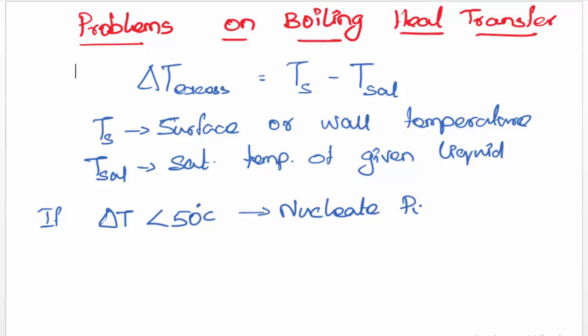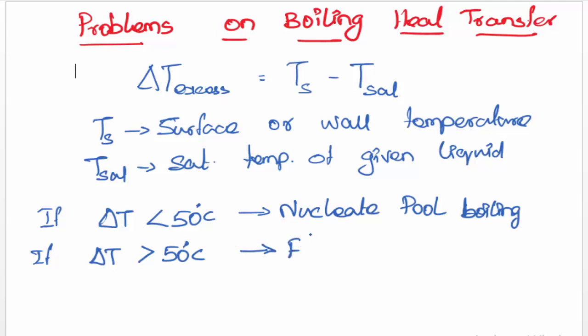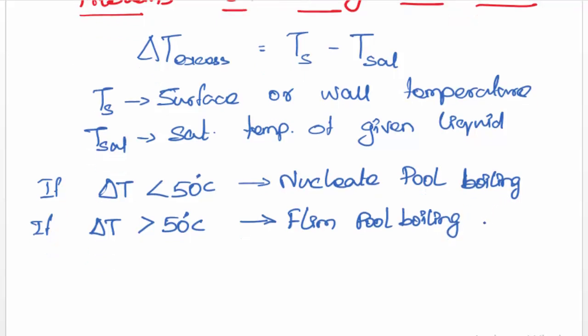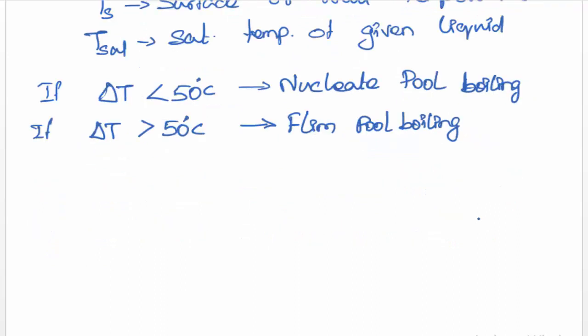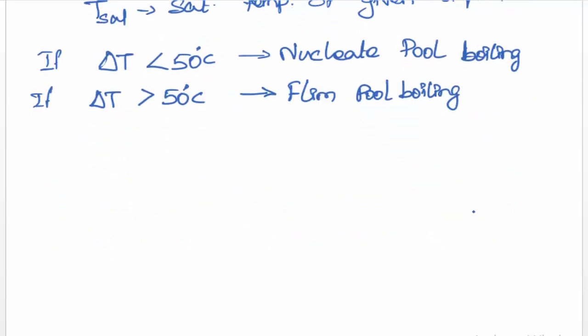In case del T is greater than 50 degrees Celsius, then the problem is said to be film pool boiling. All these formulas will be available on page number 143 of your HMT data book.